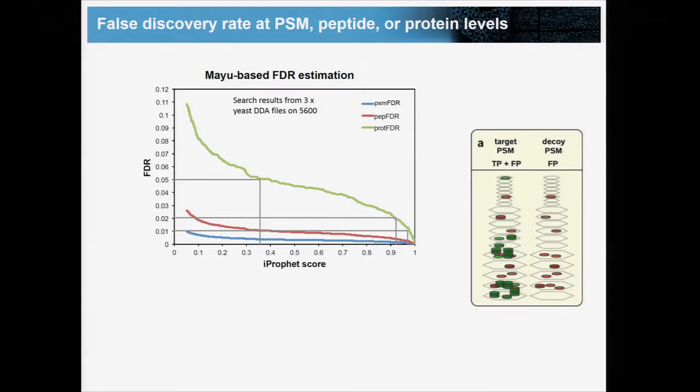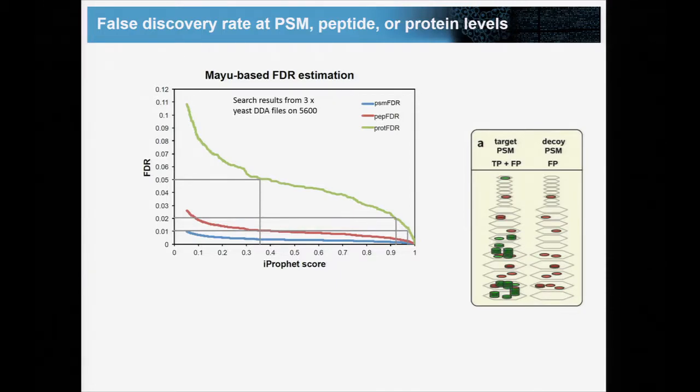And the reason for this, which was mentioned already by Brendan earlier, is in this classical target decoy approach for shotgun data analysis, each one of these little circles is a peptide spectrum match, right? And each one of these hexagons is a protein. The green ones are the good ones, the red ones are the false ones.